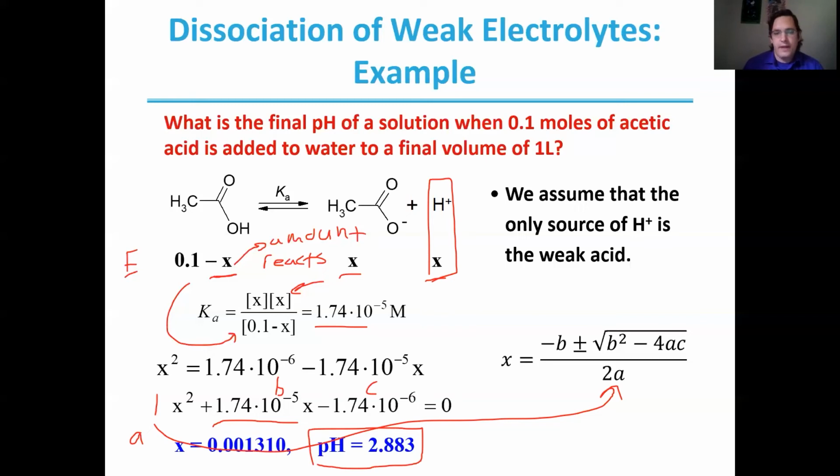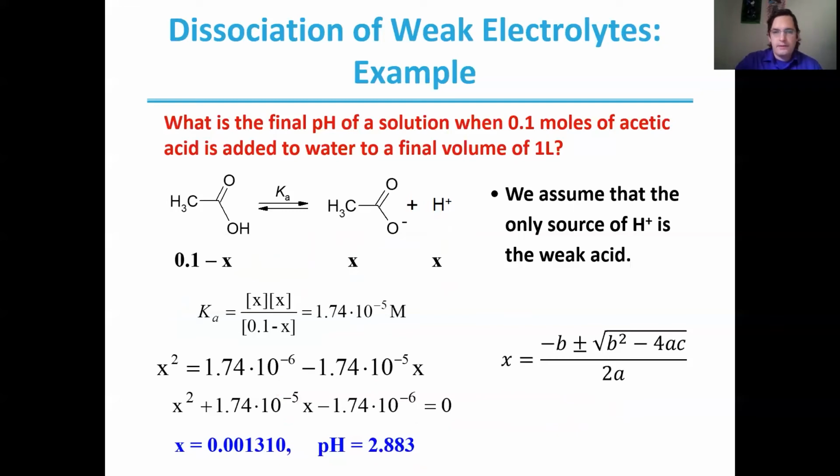So this is the more exact way of calculating our pH when we're adding a specific amount of a weak acid. Of course, we could also add in a small amount of H plus initially from our water, right? But you'll notice at this point we have 1 times 10 to the negative third H plus compared to 1 times 10 to the negative seventh, right? So the amount of H plus initially in our water is insignificant compared to the new amount that forms in this reaction.